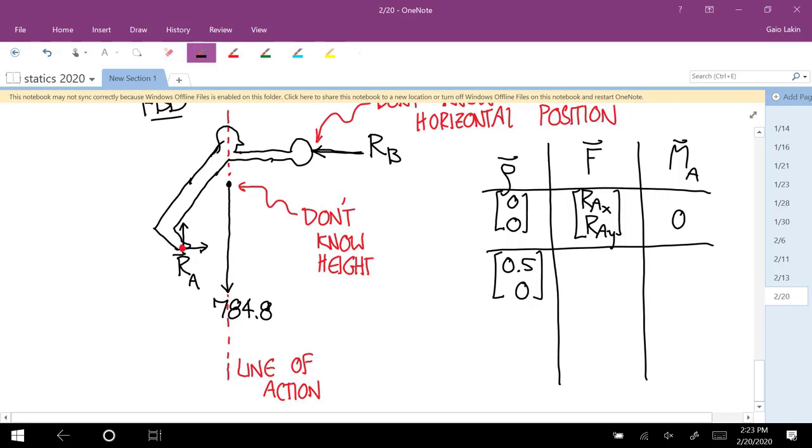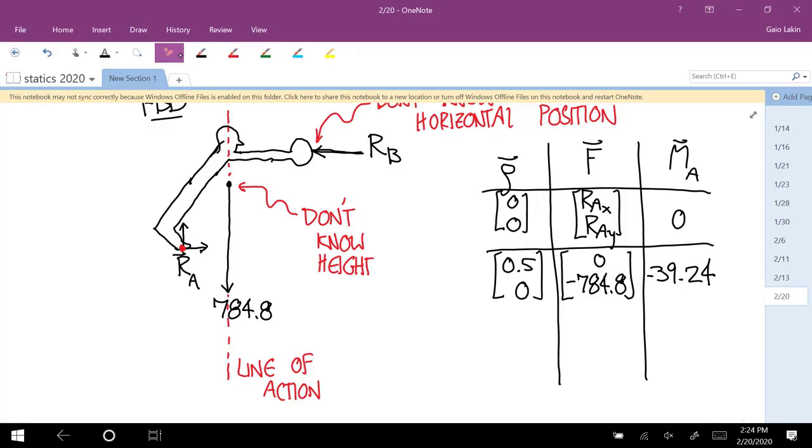We know it won't hurt anything. The force vector is 0, negative 784.8. And multiply those two together and you get negative 392.4.